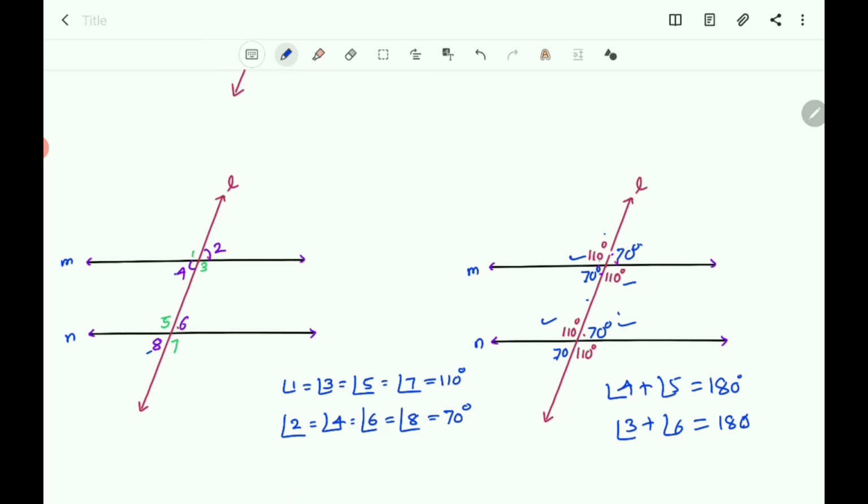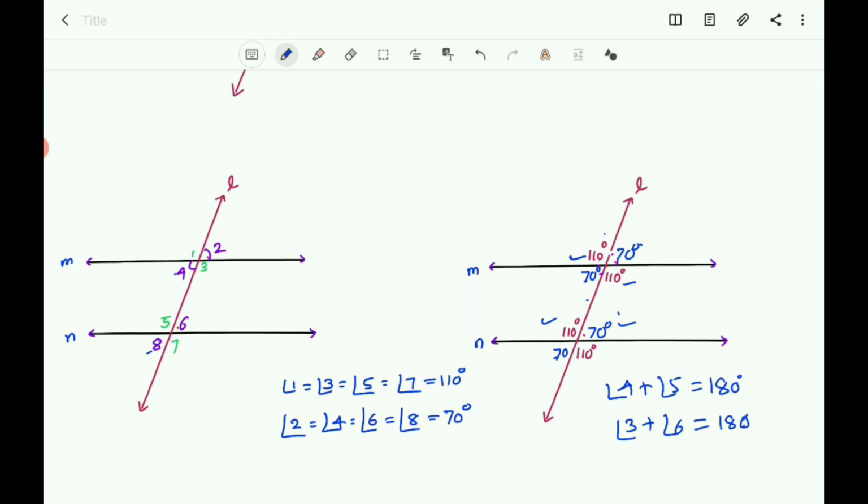So here what you can conclude, when a transversal intersects parallel lines, then the sum of interior angles on the same side of the transversal is 180 degrees. It means the interior angles on the same side of the transversal of parallel lines are supplementary.